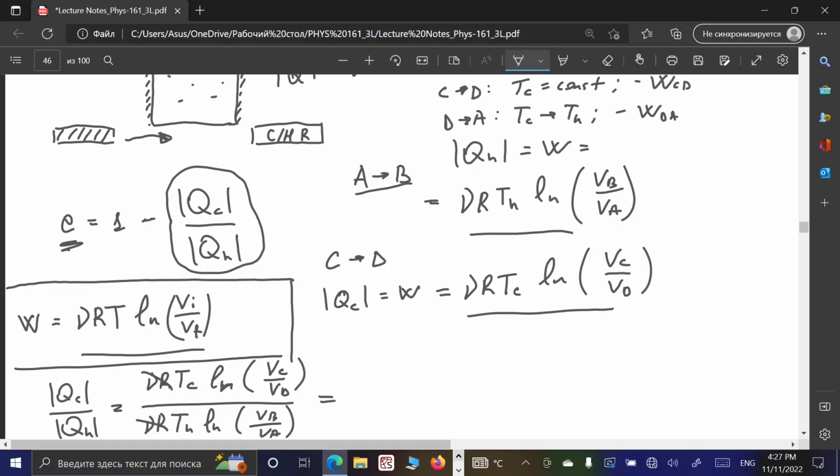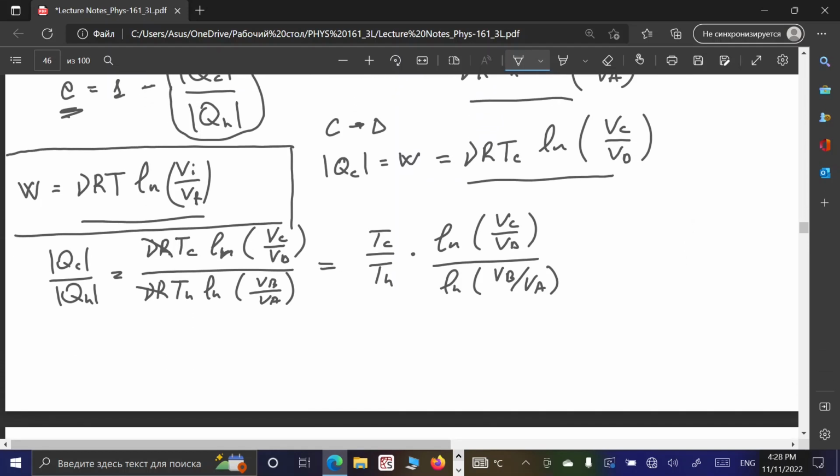So these terms can be cancelled out, and eventually we have Tc over Th. That's already what we want to have, this ratio with temperatures, but we still have another term, which is the natural logarithm of Vc over Vd divided by the natural logarithm of Vb over Va. So that is what we get from the analysis of two isothermal processes.